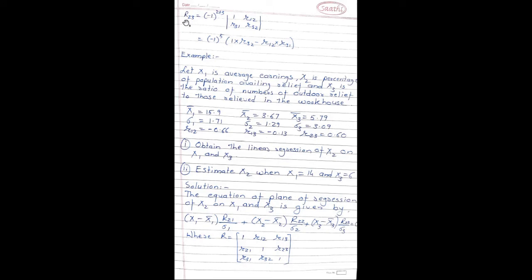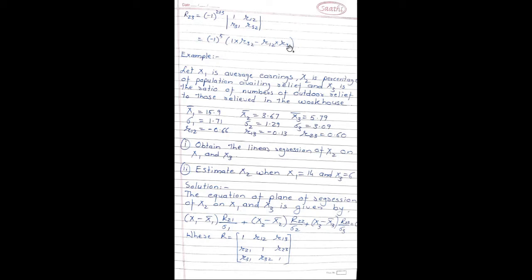R23 is calculated as minus 1 raised to 2 plus 3. We will hide the second row and third column. The remaining values we will put in determinant form as 1, r12, r31, r32. So minus 1 raised to 5, 1 into r32 minus r12 into r31.